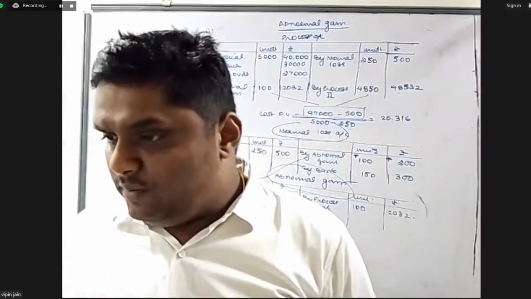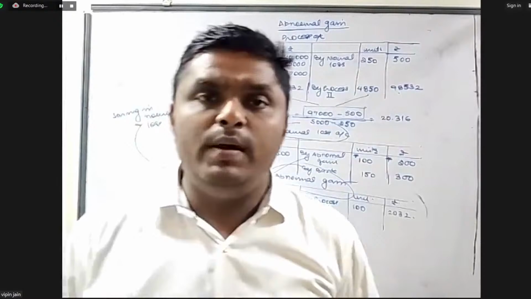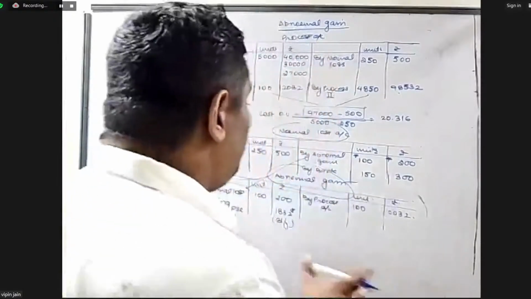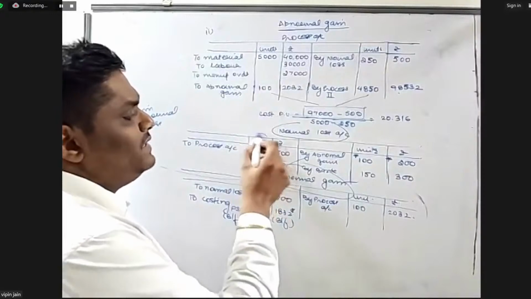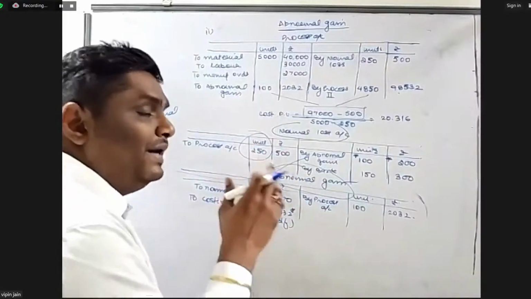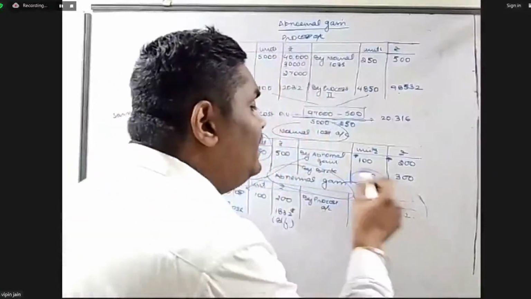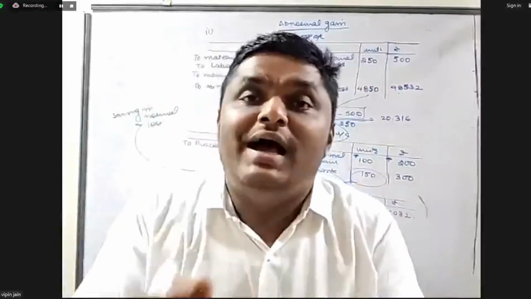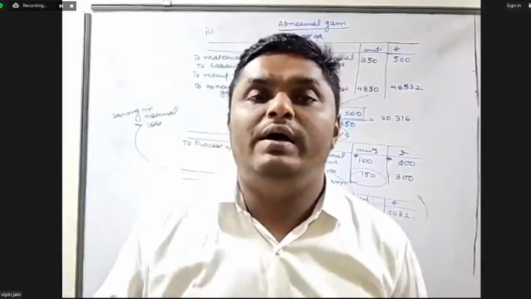Okay, so I've got a query from Mamta. Sir, abnormal gain 100 units also sold? No, Mamta. See, when talking about the units that are scrapped, there is a loss of 250 units that we predicted. But the units that are actually sold is only 150 units. The balance are adjusted against abnormal gain. 100 units were not sold.